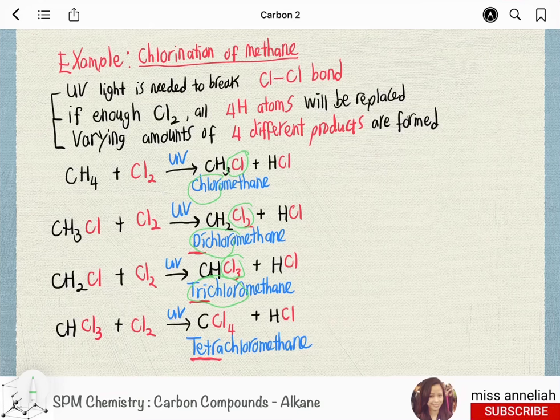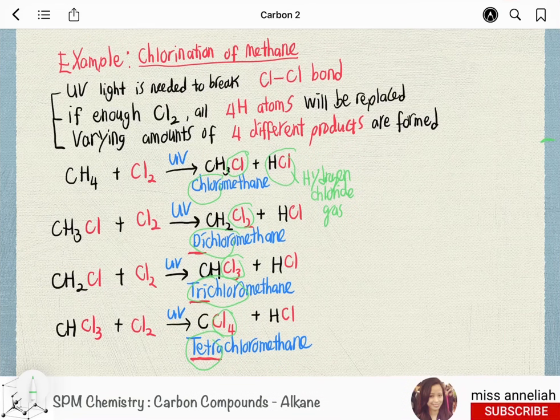And if all 4 hydrogens are replaced by chlorine, so we'll have 4 chlorine, it will be tetrachloromethane. So di is 2, tri is 3, and tetra is 4. The hydrogen that was replaced will combine with the Cl to form HCl, or hydrogen chloride gas.